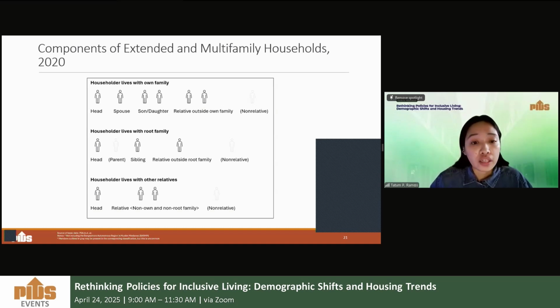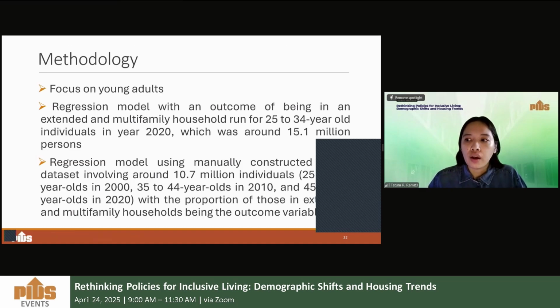But this is only an assumption, and our team wanted to actually determine the factors that contribute to these extended and multifamily households. And we did this by conducting a study last year.